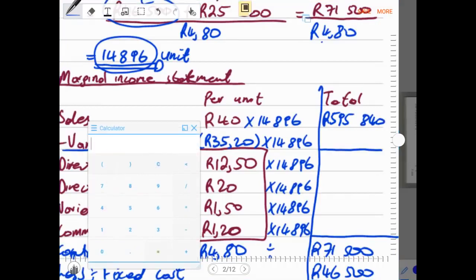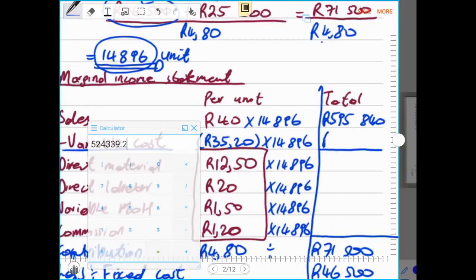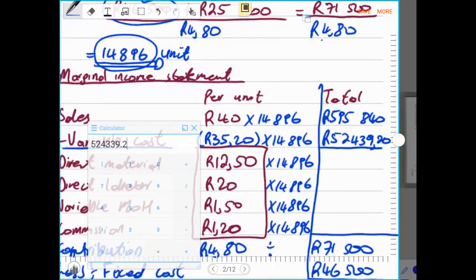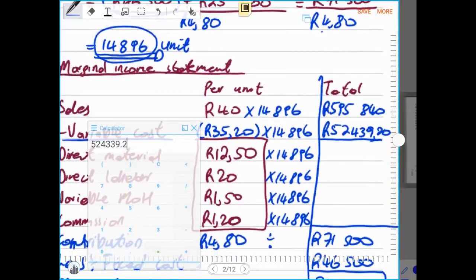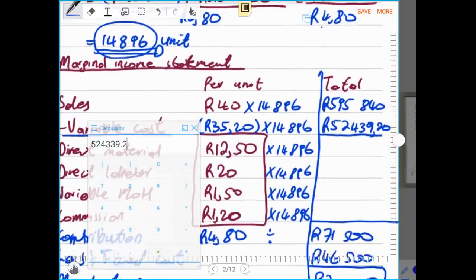Then we have our total variable cost, 35 rand 20 cents, times 14,896, and this will be 52,439 rand 20 cents, and we just have cents now, but no problem, it's fine.